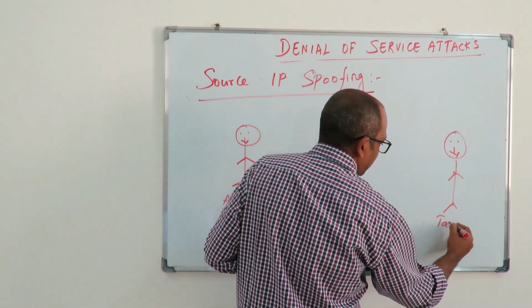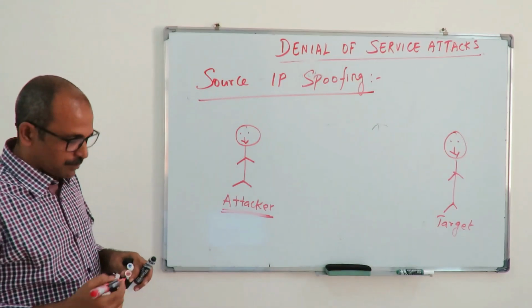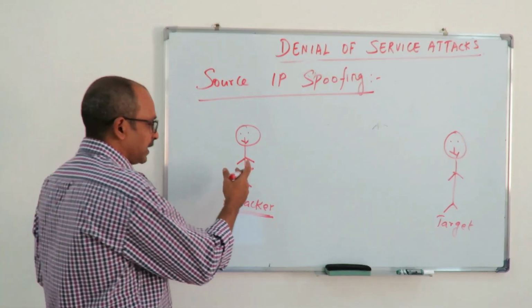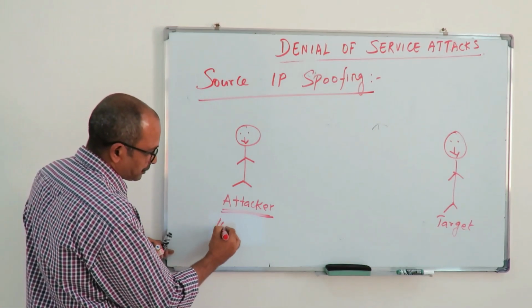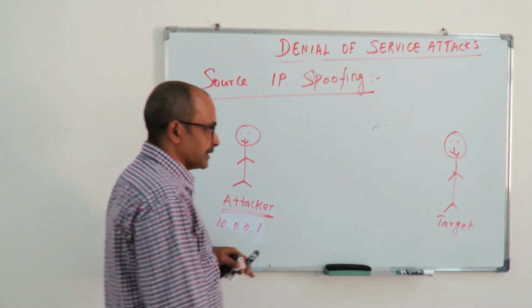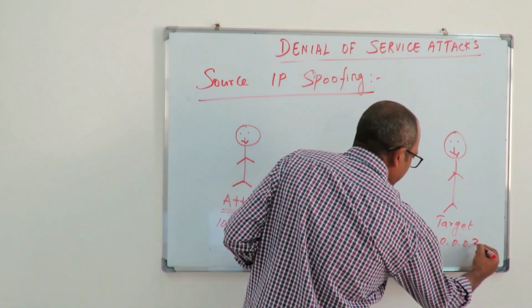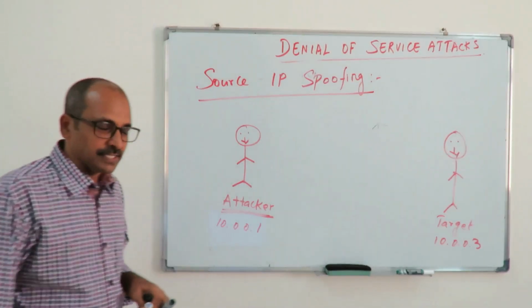For example, I am going to take some IP addresses. For the attacker, I am going to give the IP address 10.0.0.1. This is the IP address of the attacker. Then the target IP address is 10.0.0.3.